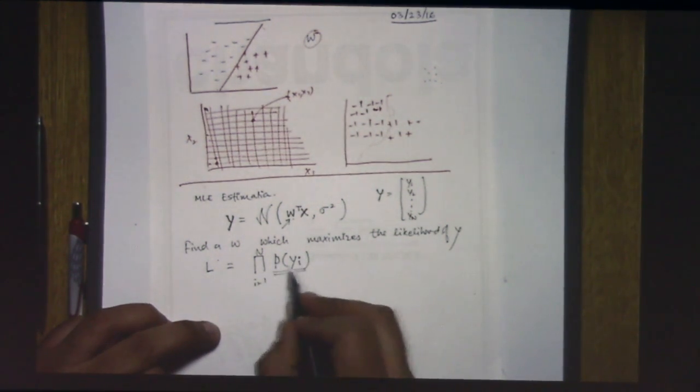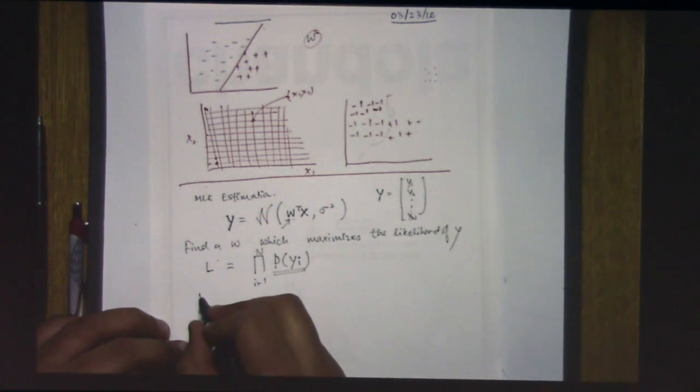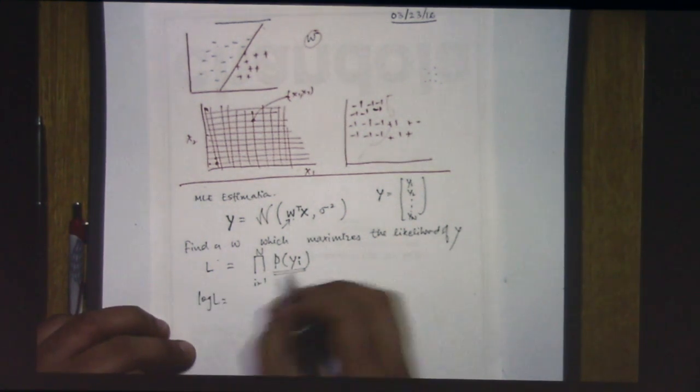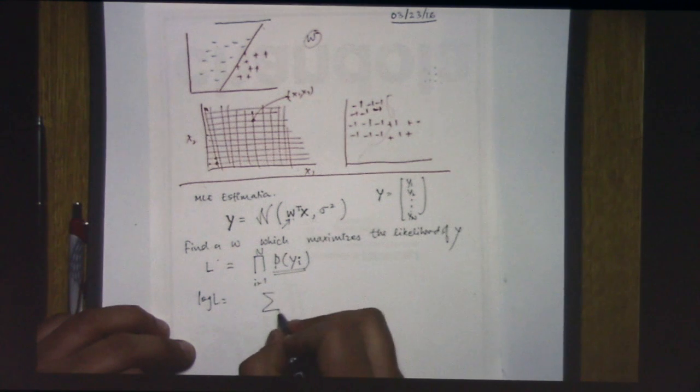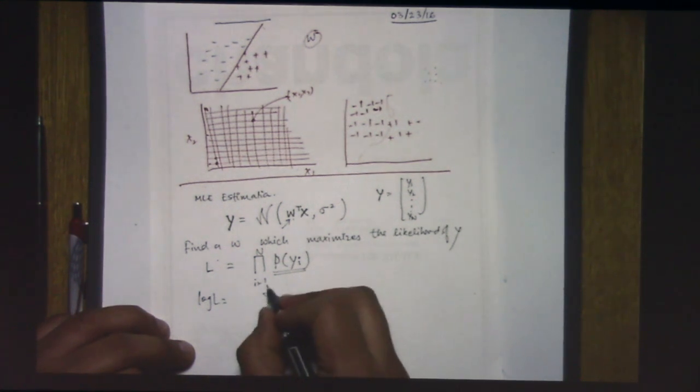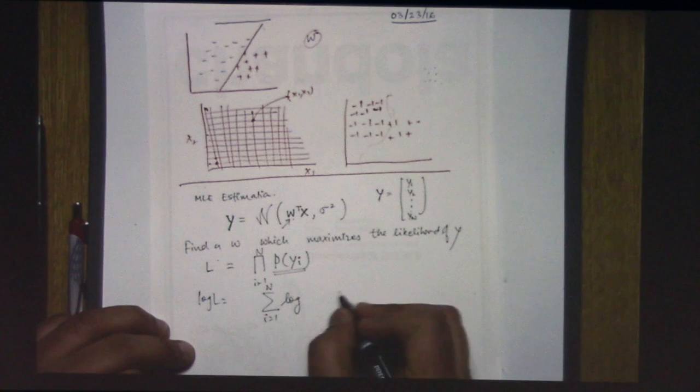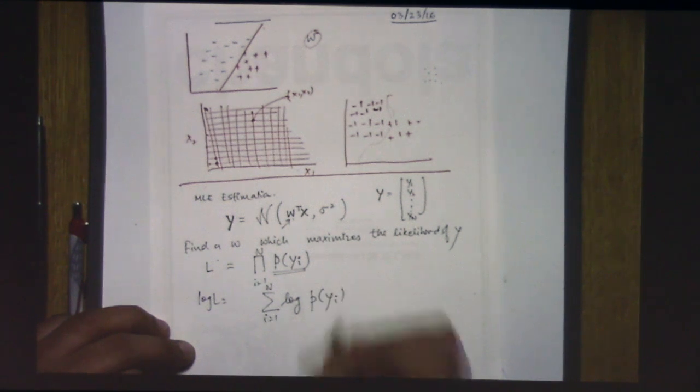Now what is each one of these? You can also compute the log likelihood, which is basically taking a log of this. The benefit is that it becomes a summation of logs instead of a product, right?